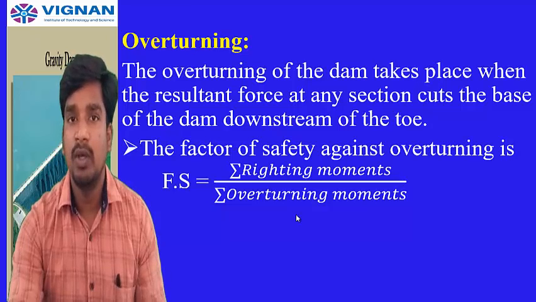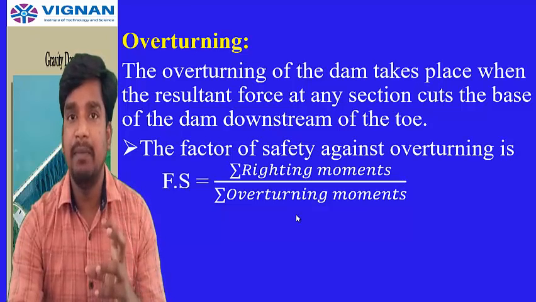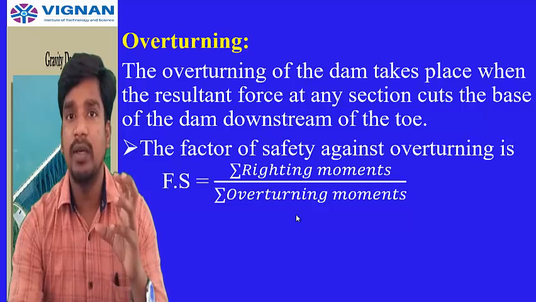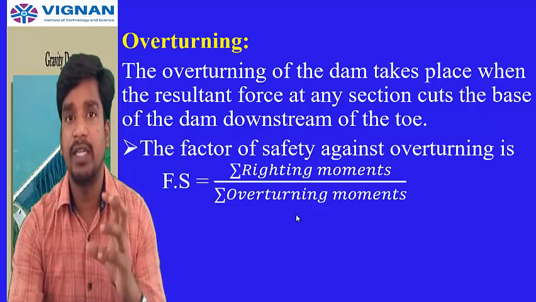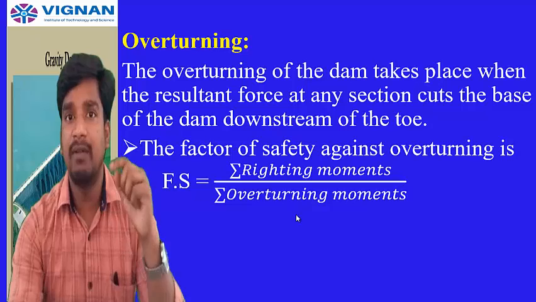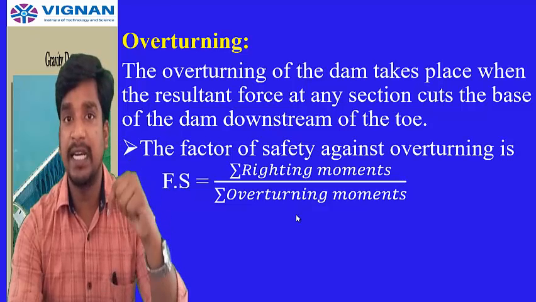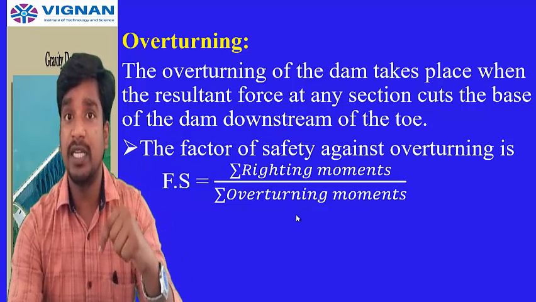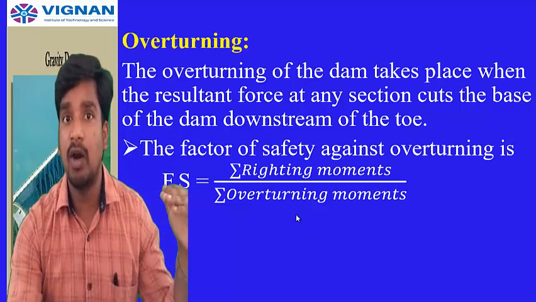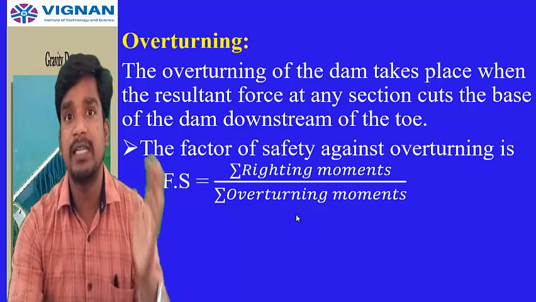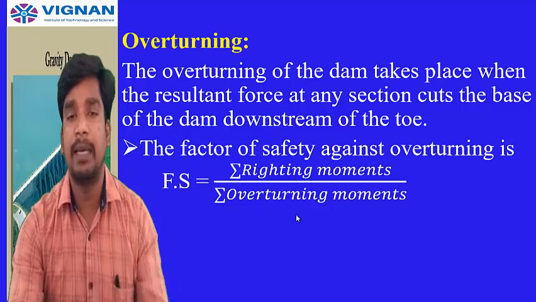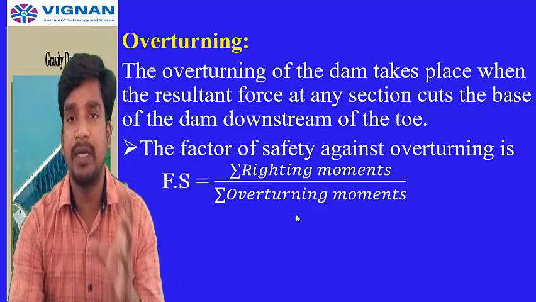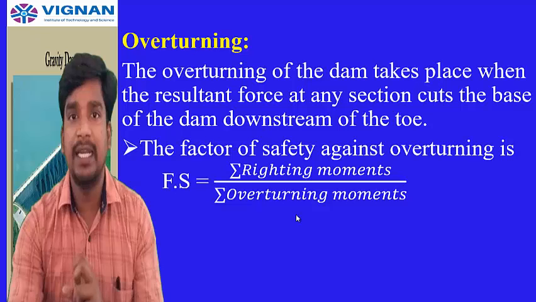As we all know, a concrete gravity dam resists the forces by its own weight, which creates vertical stress. If this vertical stress is less than the horizontal force acting, then there may be a chance of overturning of the dam.